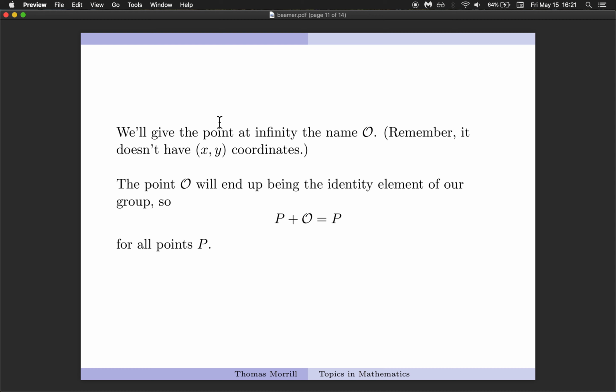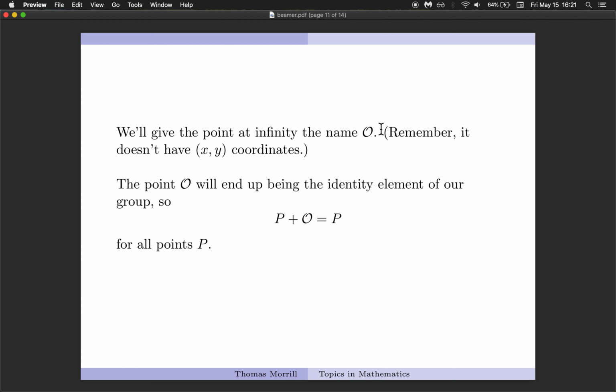So this point at infinity is going to be special, and I'll give it the name O. I've written it in a kind of funny font here because it's that important. And I don't have x, y coordinates for the point at infinity because it's not in the plane, right?